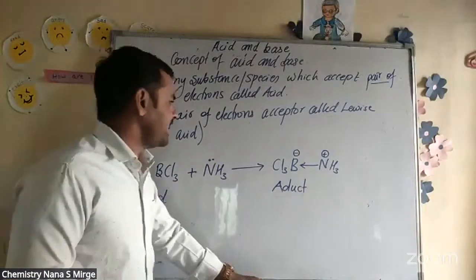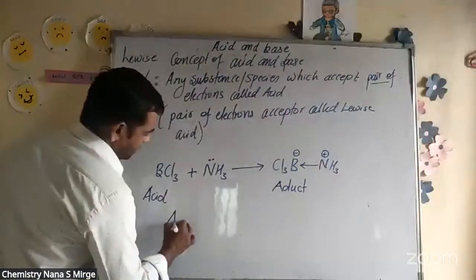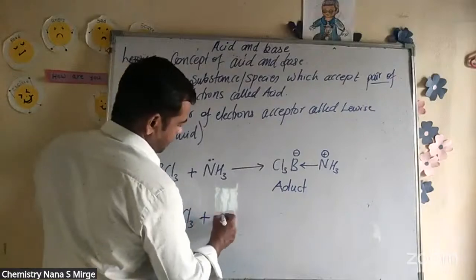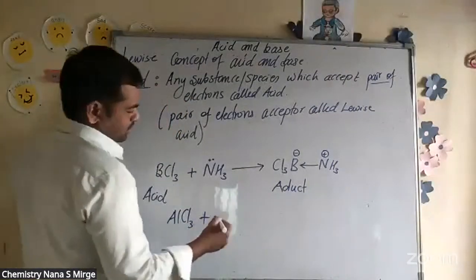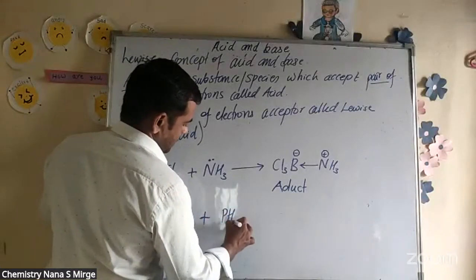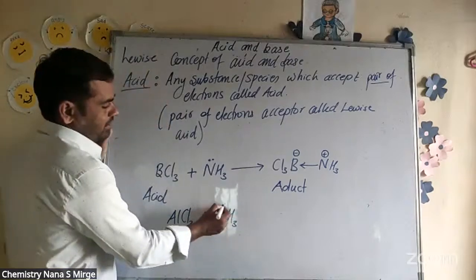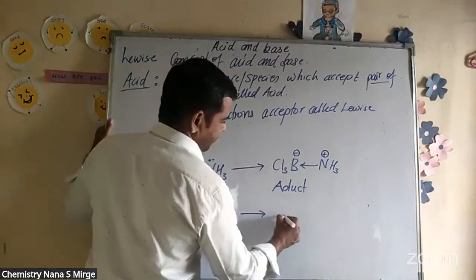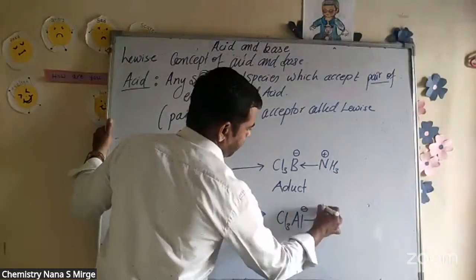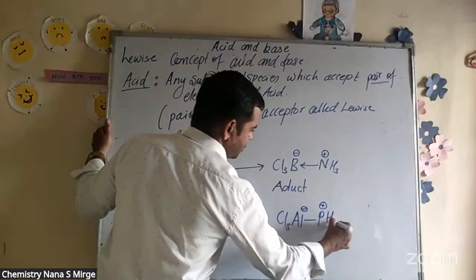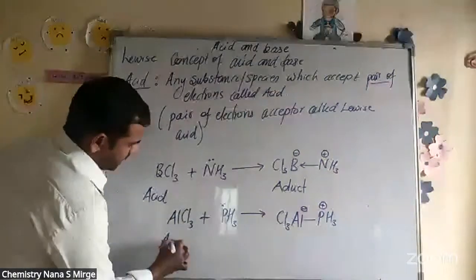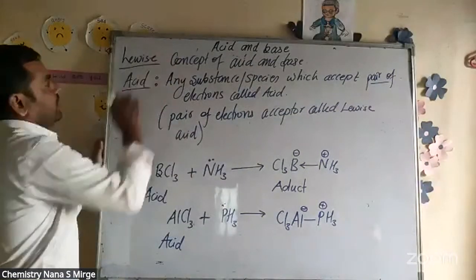So another example is AlCl3 and again PH3. This phosphorus atom has a lone pair, and it forms AlCl3 negative charge and P positive charge with H3. So again, AlCl3 is acid, Lewis acid particularly.